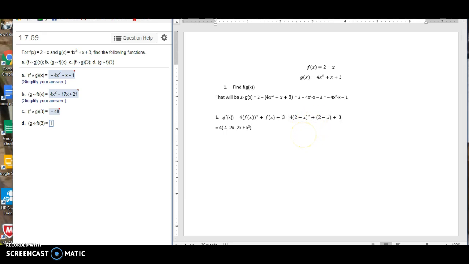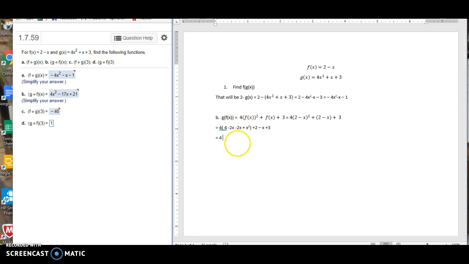Now I'm going to have a plus 2. I'm going to have a minus x. And I'm going to have a plus 3. And then I'm going to combine all my like terms. Well, I guess I should add these two first.